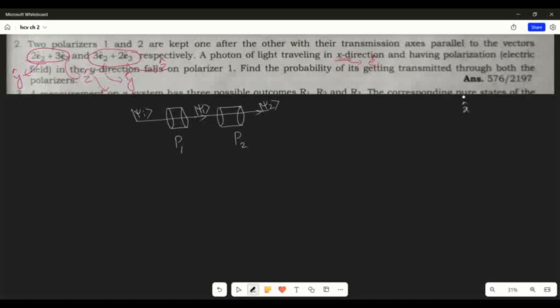And let's change the notation x cap, y cap, z cap. So basically this is E1 cap, this is E2 cap, and this is E3 cap, and we are changing the notation here to Dirac form. So let's call them ket phi 1, ket phi 2, and ket phi 3.